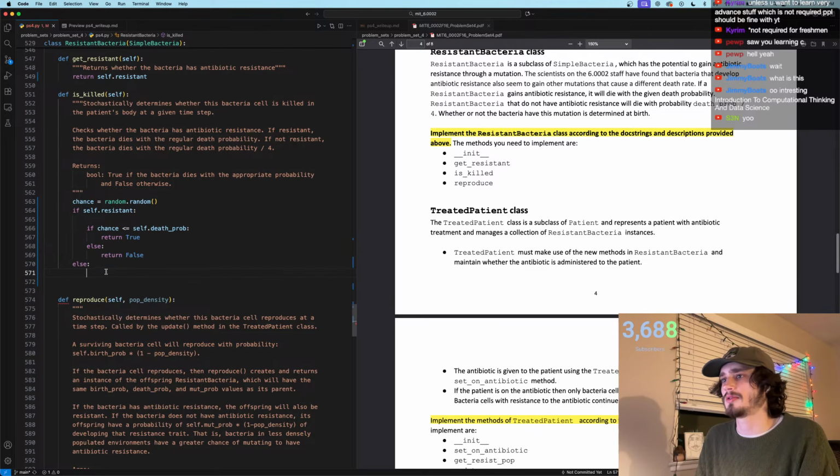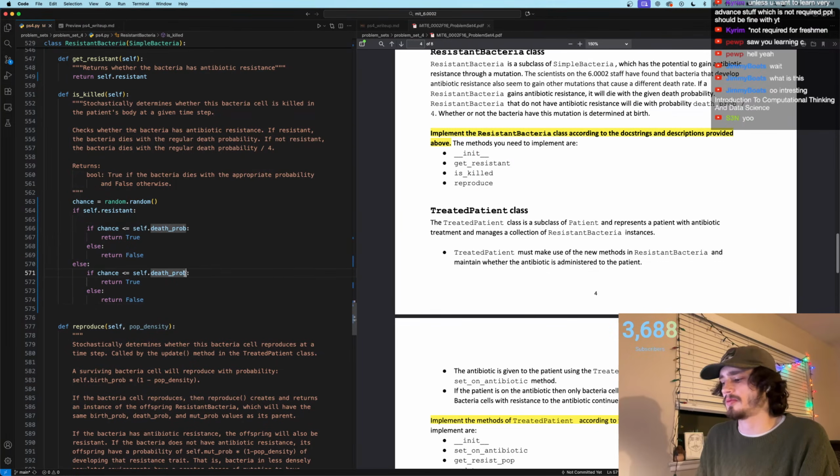Now, out here, if there is not antibiotic resistance, we have basically this same phrase, but death probability is divided by 4. So if our chance is within the boundary of that overall probability, so let's say there's an 80% chance that this bacteria dies when called upon, right?